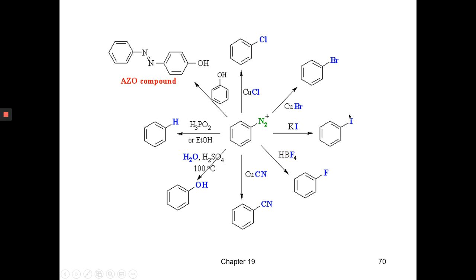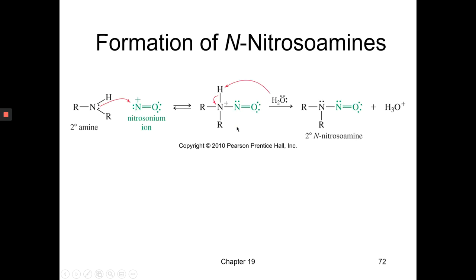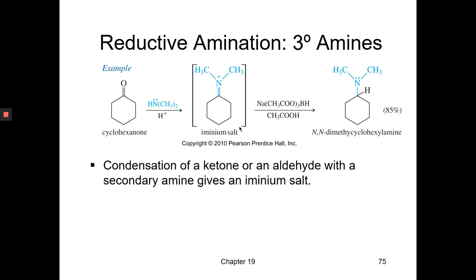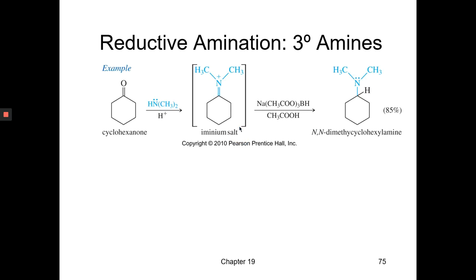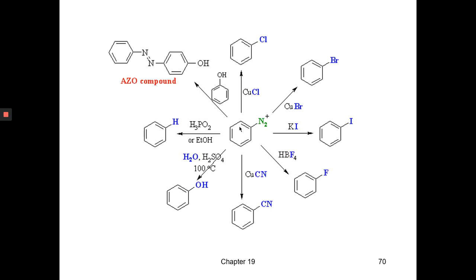Now, in the case of iodine, it's not necessary to use copper 1 iodide because iodide is a good enough nucleophile where it can displace the diazonium group. Let's go back up again. Okay, some other reactions.